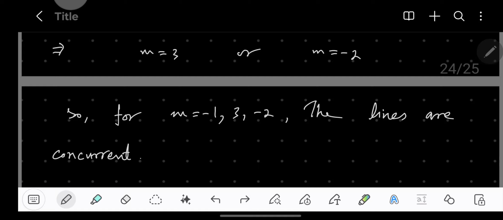For example, if there are n variables, you have to select n lines from m lines. So what will you do? You will solve those lines and get the solutions of those n lines, and then you will put those solutions in the rest of the lines which were not chosen by you. And if the other lines also satisfy those solutions, then you will say that the given lines are concurrent.